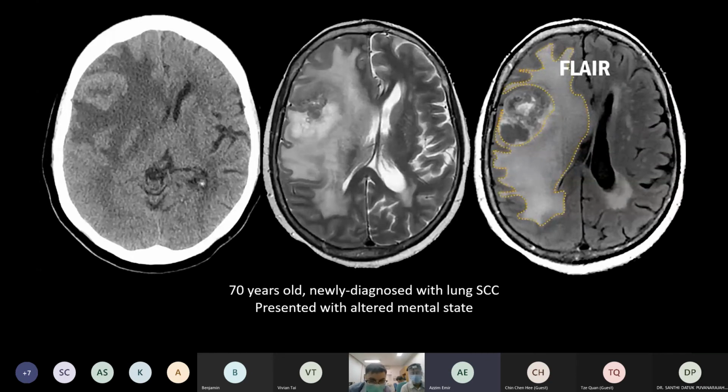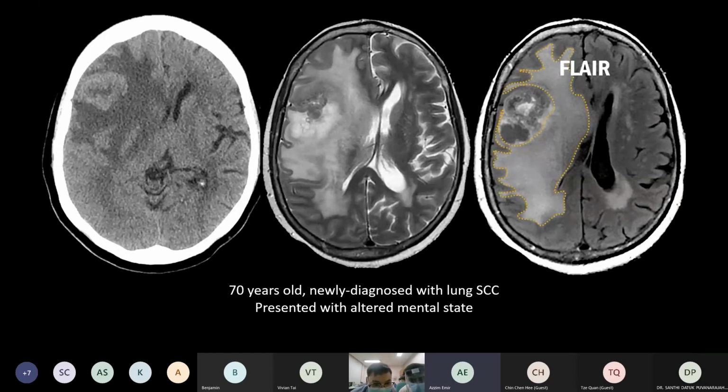Okay. So 70 years old, newly diagnosed lung SCC, presented with altered mental state. So I think what we would want to rule out is, of course, brain metastases. On the image on the far left, which I believe is the T1 image, there is hyperintensity.